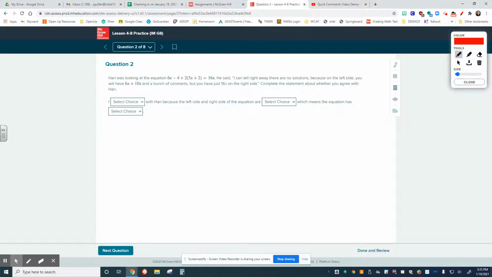Complete the statement. Well, what we did before was we simplified. So we simplify again: 6 times x minus 4 plus 2 times 5x is 10 times x, and 2 times 2 is 4, is equal to 16 times x. When I use the commutative property to combine like terms, I get 6x plus 10x minus 4 plus 4 is equal to 16 times x.